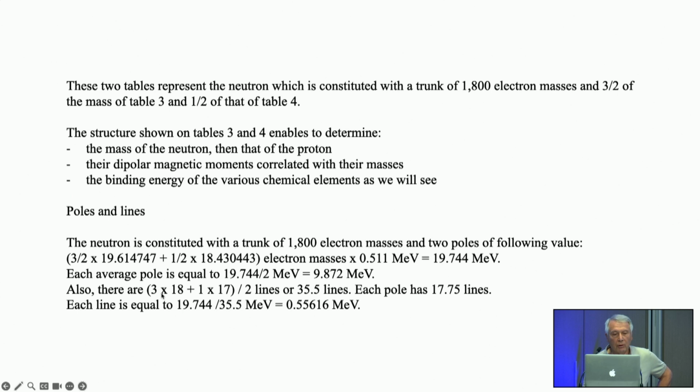Each average pole is equal to 9.872 MeV. Also, there are 3 multiplied by 12, by 18 lines, and 1 multiplied by 17 for the neutron; for the proton, it will be 18 also. And it's the reason why some elements of the proton disappeared as an antimass in energy.